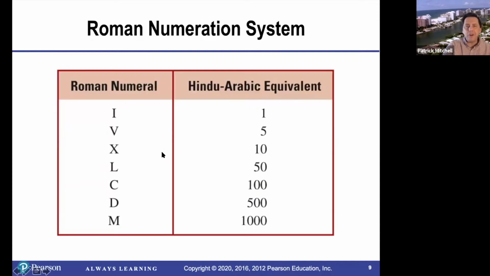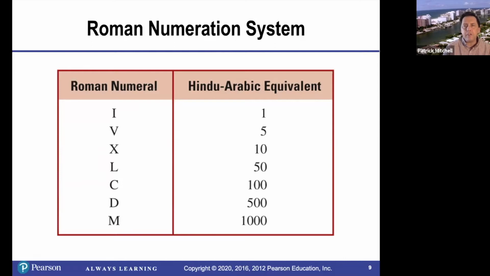The Roman numeration system, again, this is probably kind of familiar to you, used different letters to represent different numbers. The Roman numeration system is also an example of what's called a positional system. So for example, to write the number 6, you write VI, but to write the number 4, you write IV.